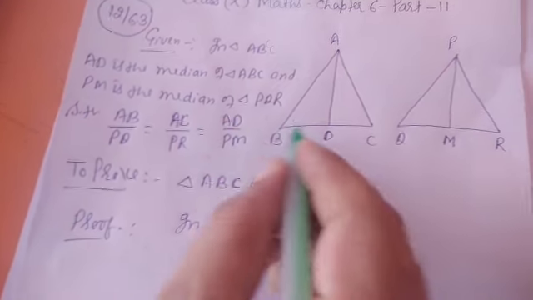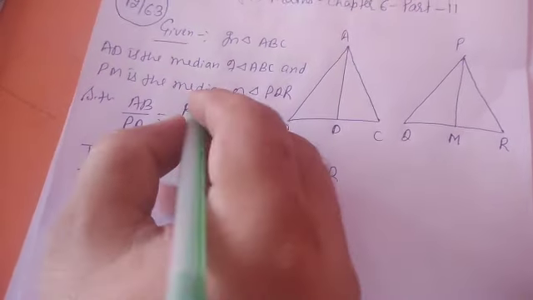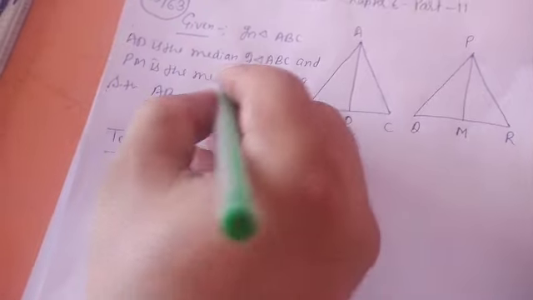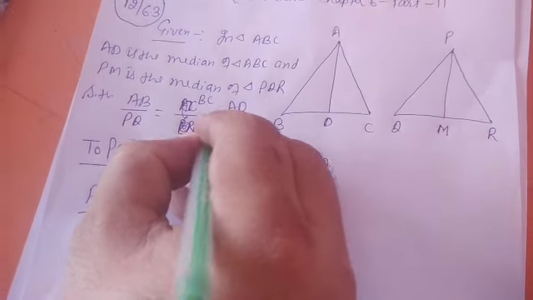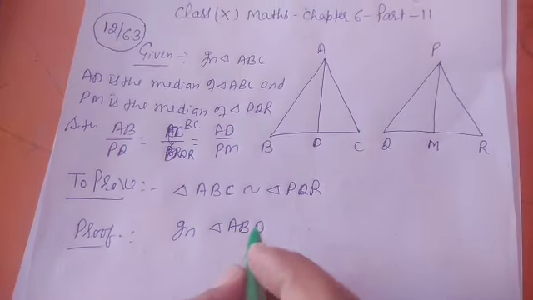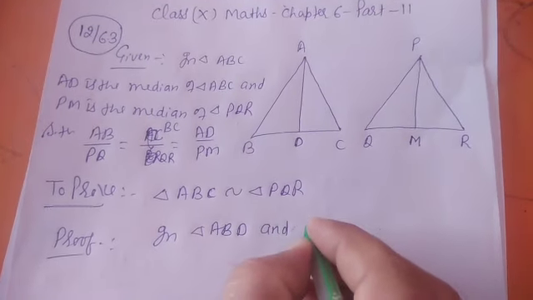So BC comes in place of AC. What's coming? BC by QR is coming. In triangle ABD and triangle what?